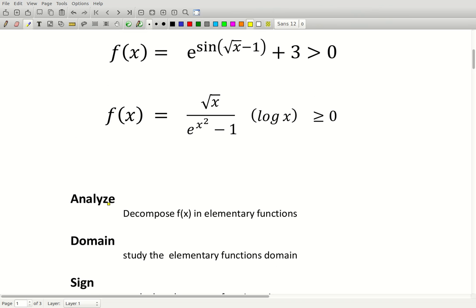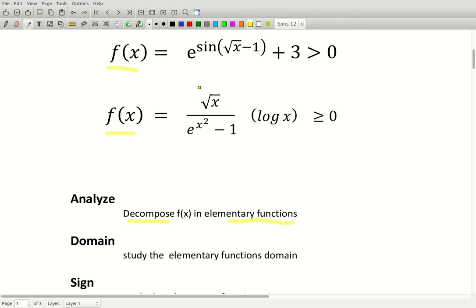First of all, analyze. If we look at this function or this other, it looks quite complicated. But if we want to solve it, we have to analyze it, to decompose our function into elementary functions, because we already know the behavior of the elementary functions.